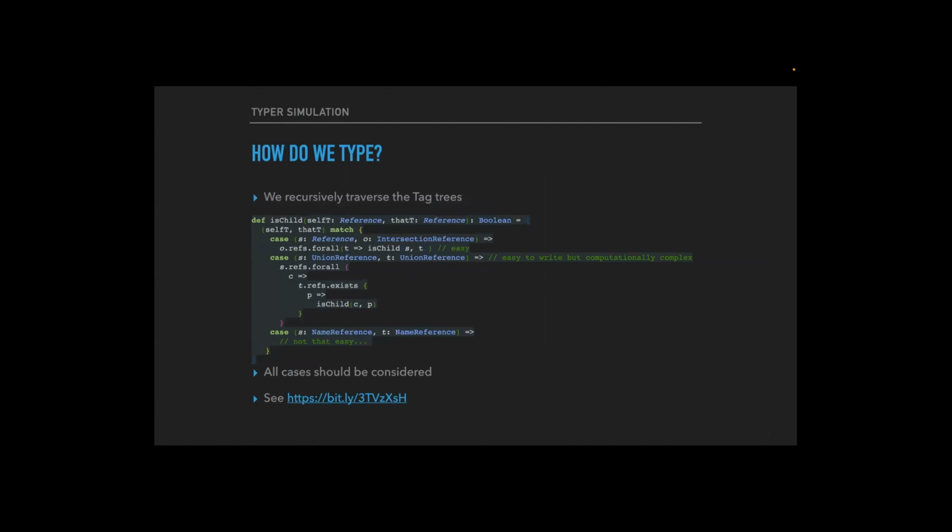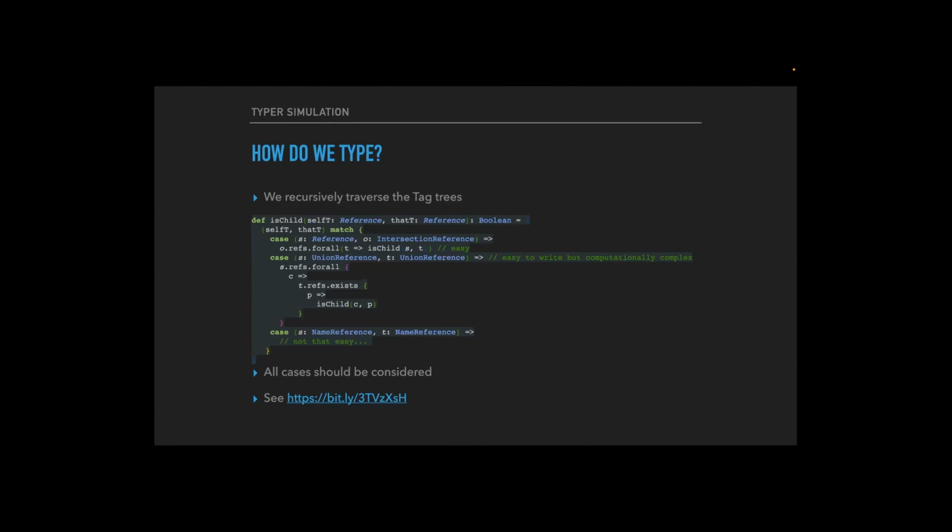So the typer simulator, which checks inheritance, is just one big function, which carefully considers all the possible pairs of the references and applies corresponding rules. So, for example, if we want to know if a type is a subtype of an intersection type, we should check that that type is a subtype of every member of the intersection, etc. Some rules are easy to write down, but computationally complex.